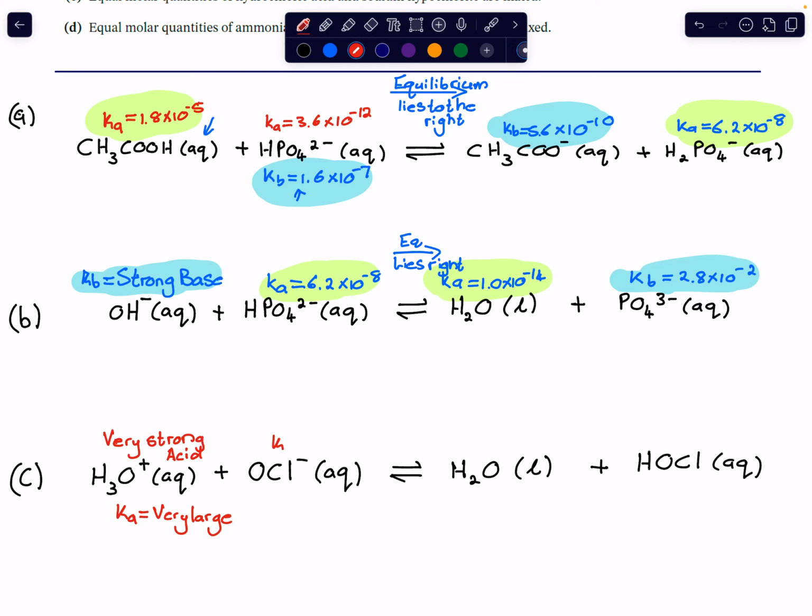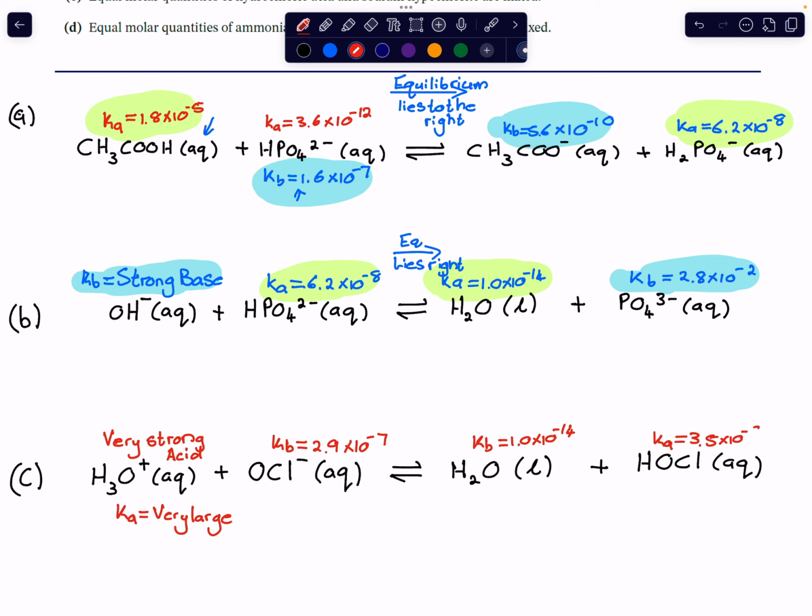OCl has a Kb of 2.9 times 10 to the negative 7. Water, like we said, has a Ka of 1.0 times 10 to the negative 14. And then the HOCl has a Ka of 3.5 times 10 to the negative 8.